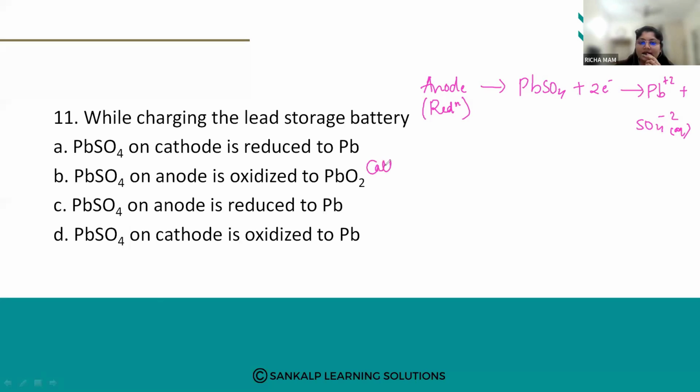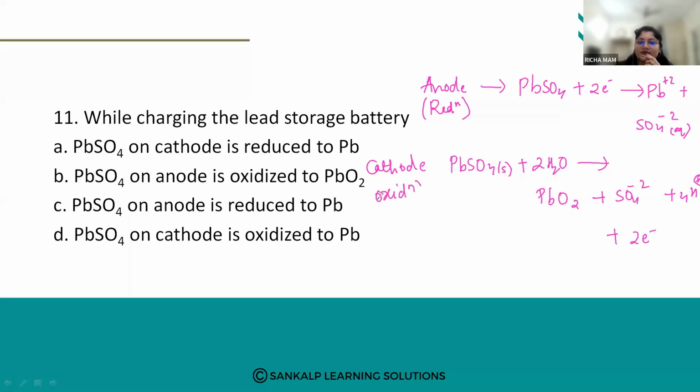And at cathode, your PbSO4 will react with water to give you lead oxide, PbO2, plus SO4 2-, plus 4H+ ions, plus 2 electrons. So oxidation occurs at cathode.